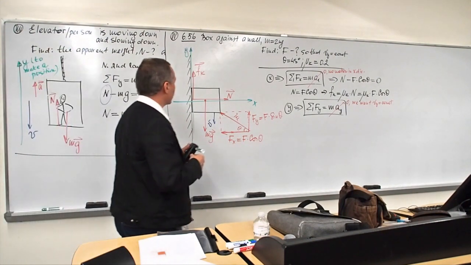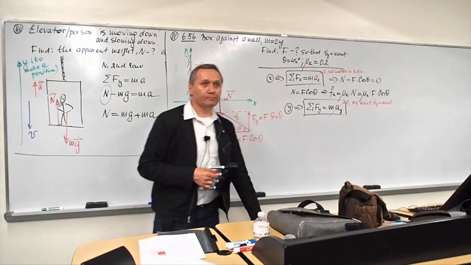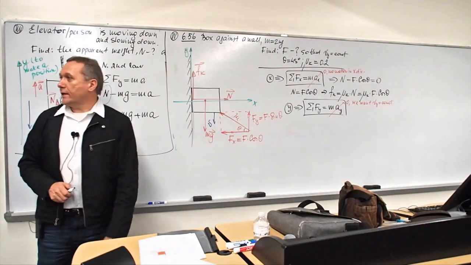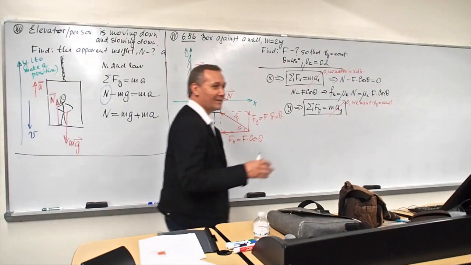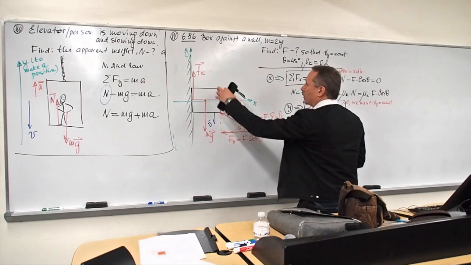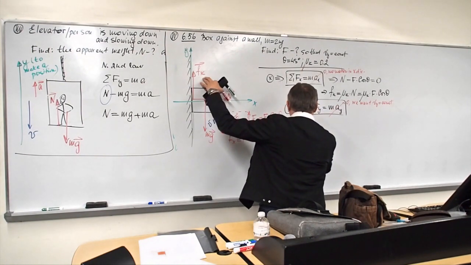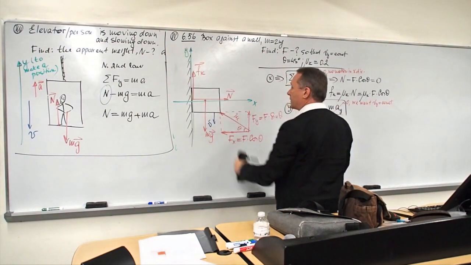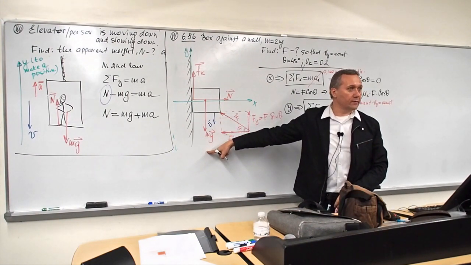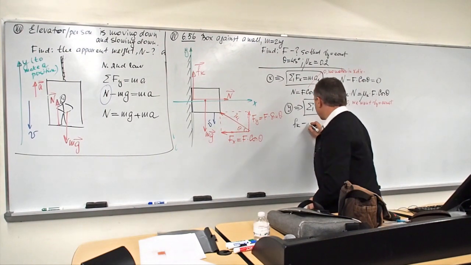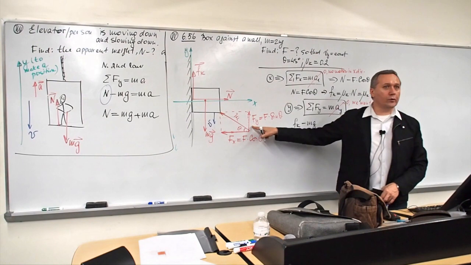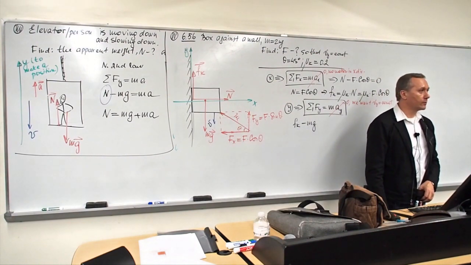Okay, and so now let's write down explicitly the y components of all forces. Kinetic friction, positive or negative? Positive, because it acts in the positive y direction. So F sub k, positive. Then gravity, negative: minus mg. And this component of the force, positive or negative?